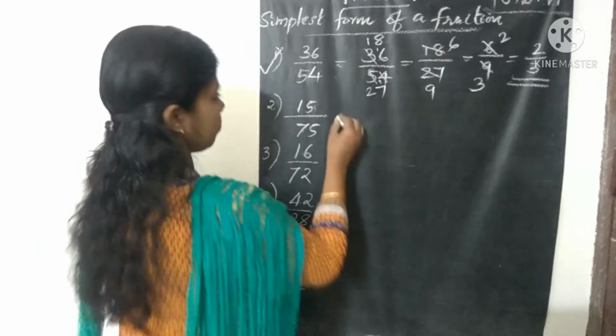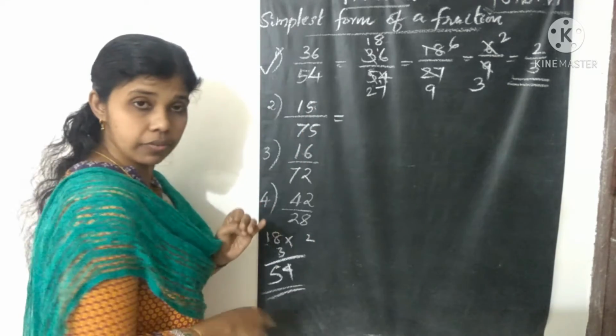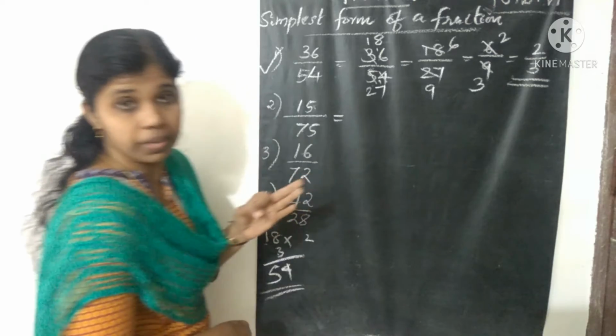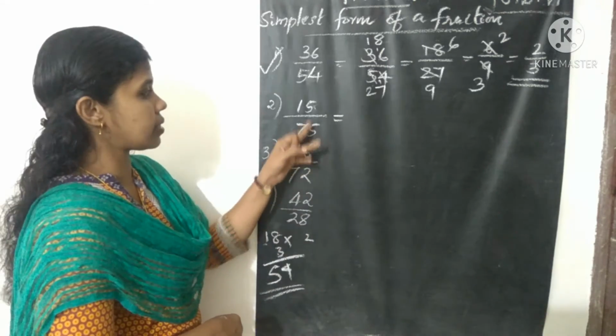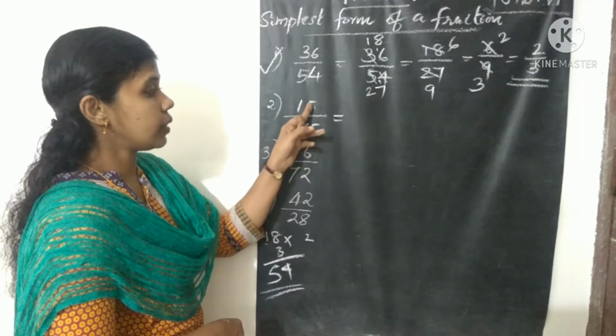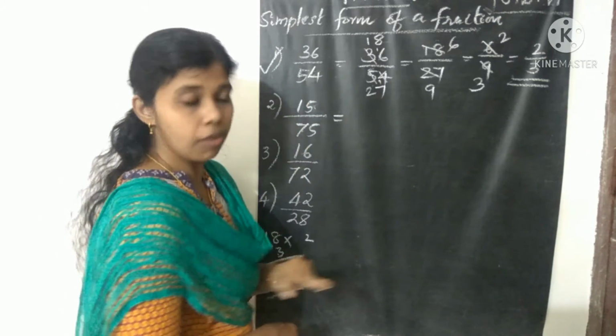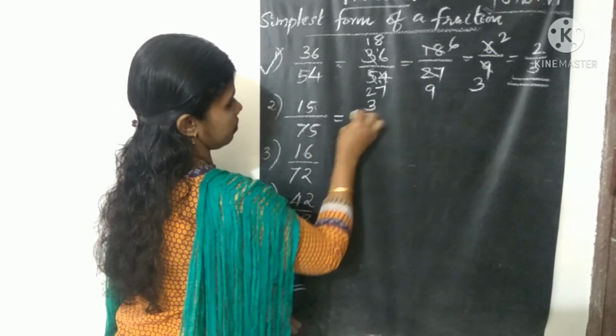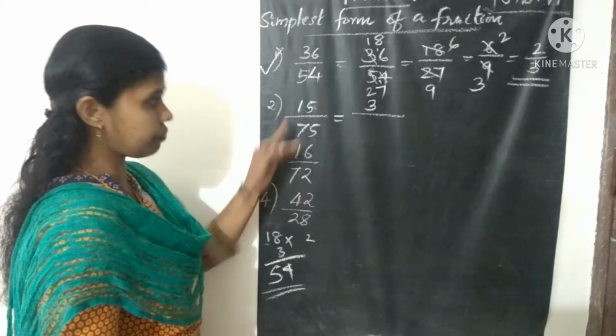The next question. Here 15 by 75. We clearly know 15 and 75 are multiples of 5. Here the last digits are 5s. So these two numbers are divisible by 5. How many 5s in 15? Yes, 3 5s. 5 3s are 15.